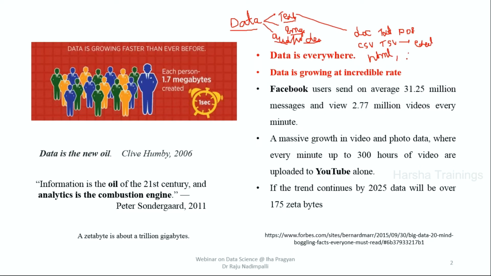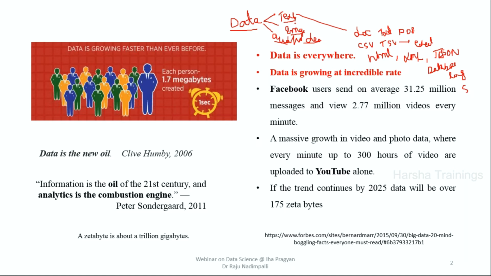Then sometimes we will have the data in the form of XML, extensible markup language, which is used to describe the data. Nowadays in most cases data will be stored in JSON format, where we store the data in the form of key and value pairs. Yes, I will have the data in databases like Oracle, SQL Server, MySQL, and so on. Sometimes I will have the data in the form of log files, maybe from sensor data, an IoT kind of thing. All these data come under text data.